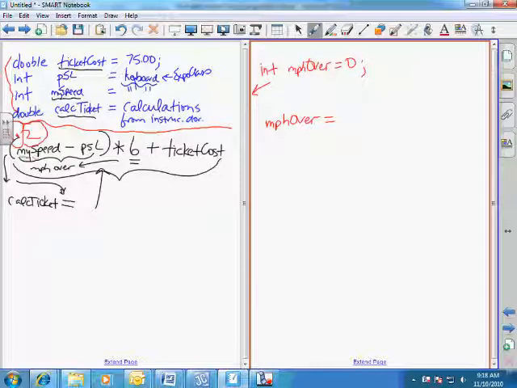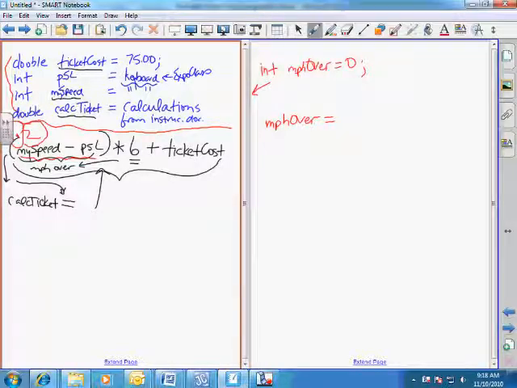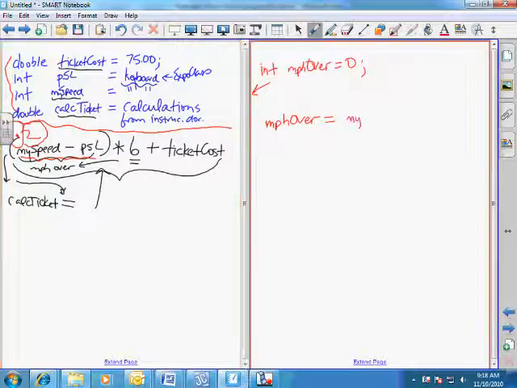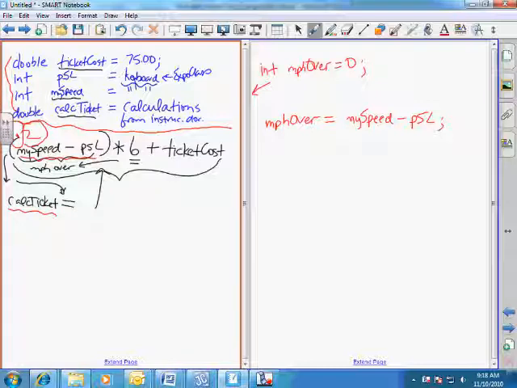We did that over here. My speed minus posted speed limit. So now we're on the next step because now we have a calculated ticket cost in memory.